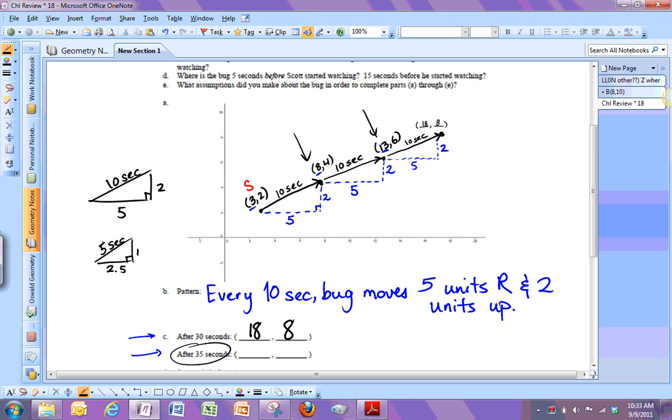Okay, so let's take the 5 seconds and add it on to where 30 was. This is my 30-second mark. This one was the 20. This one was the 10-second. Okay, so let's add the 5 extra seconds here. So I'm going to go over 2.5 and up 1.